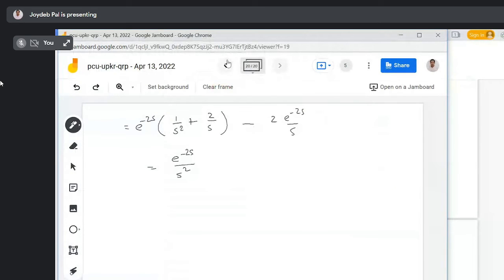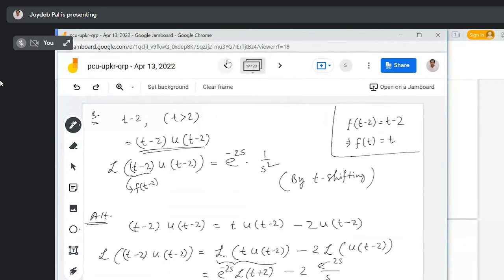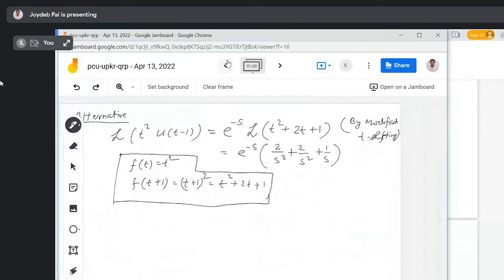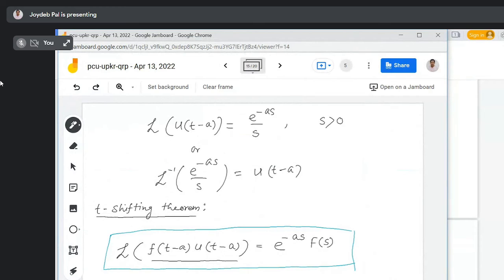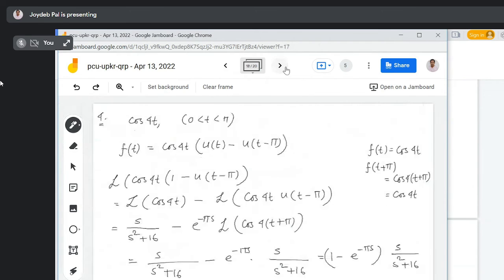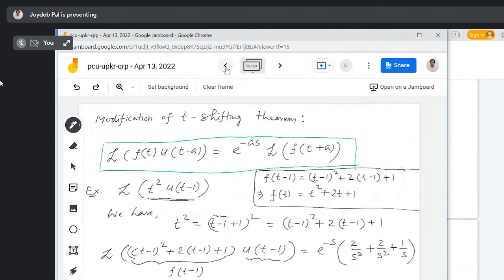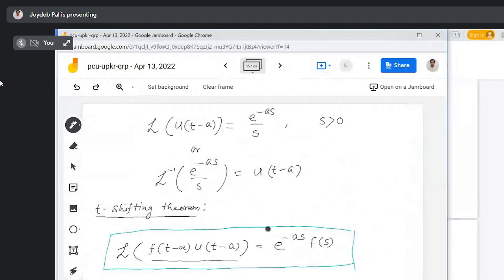In case of inverse, what is the formula? The inverse formula of t shifting: Laplace inverse of e to the power minus as into F(s) is equal to f(t minus a) u(t minus a). In the inverse case, the main formula is mainly used, the modification is not used as much.